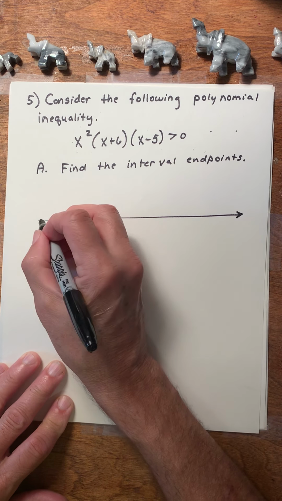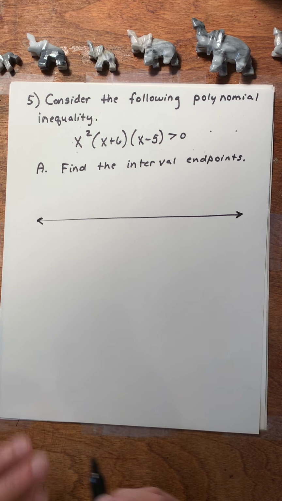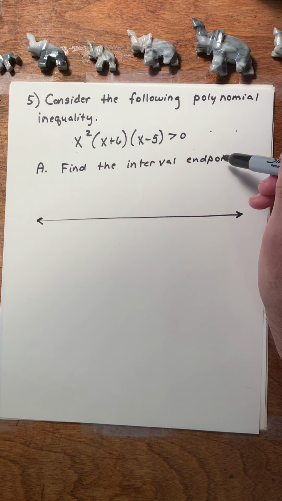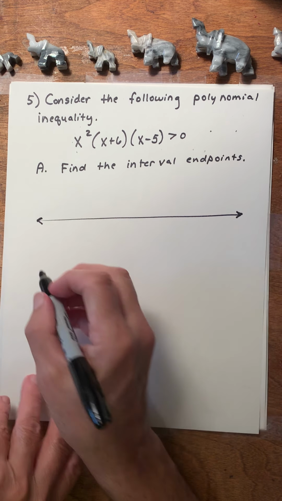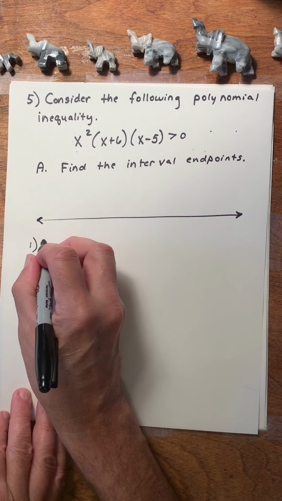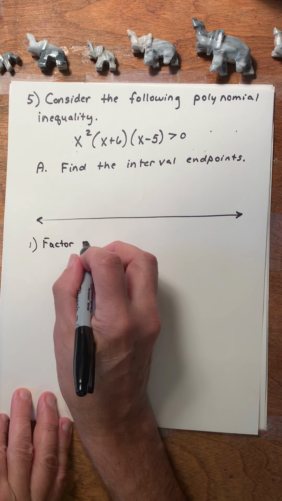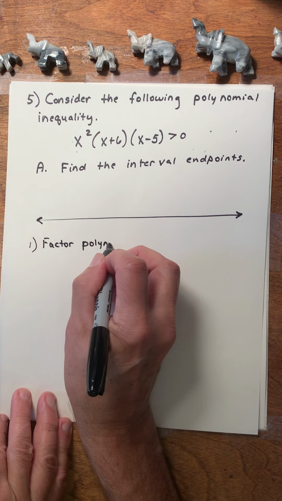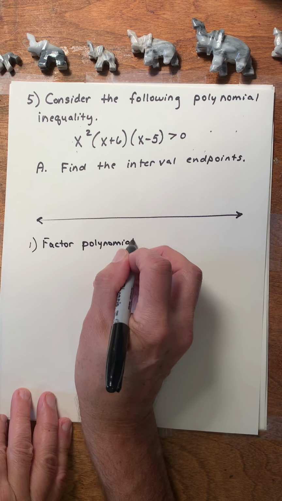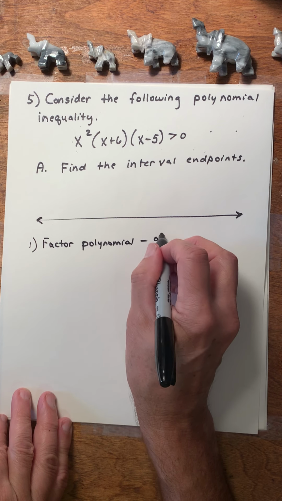So I've got a typical number line here. How am I going to find these interval endpoints? All right, first step is to factor the polynomial. Thank you, Mr. Hawks. It's already done.